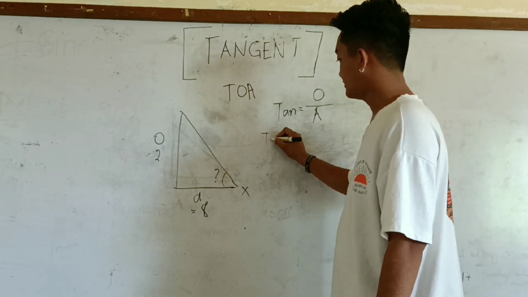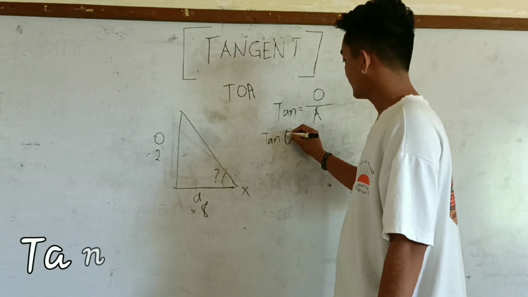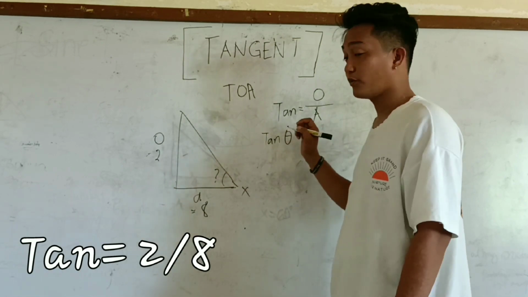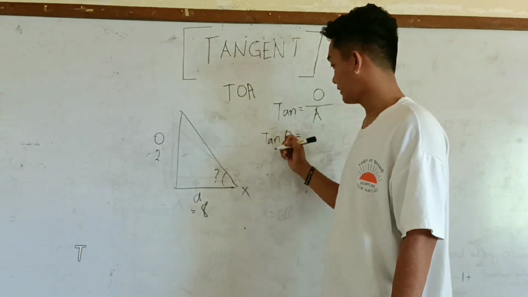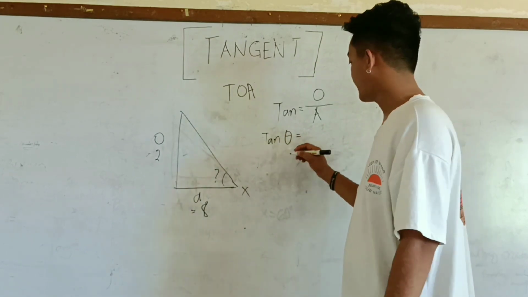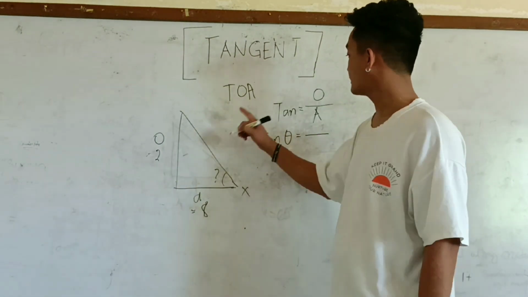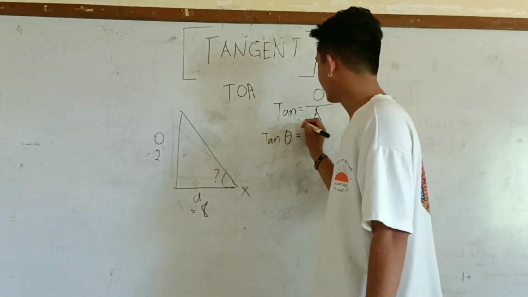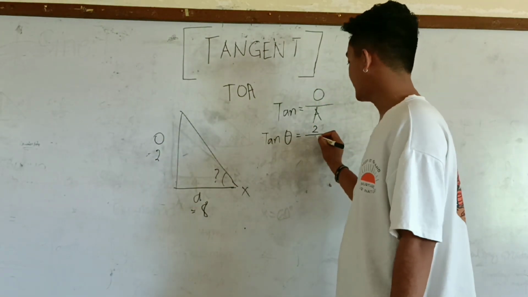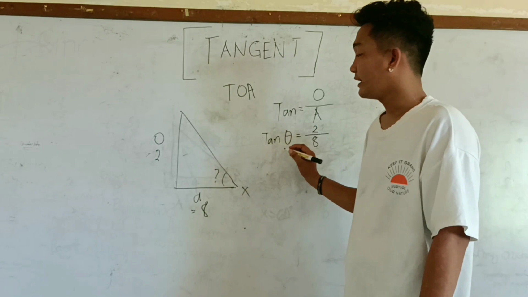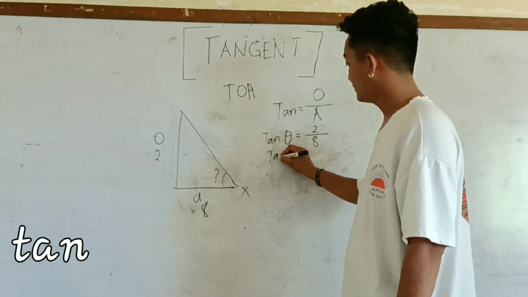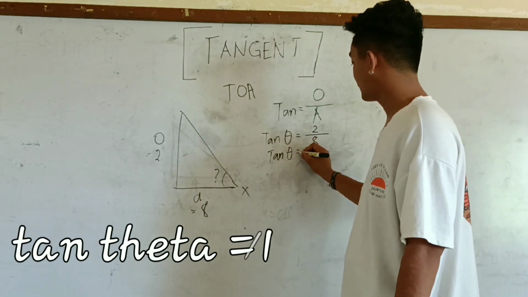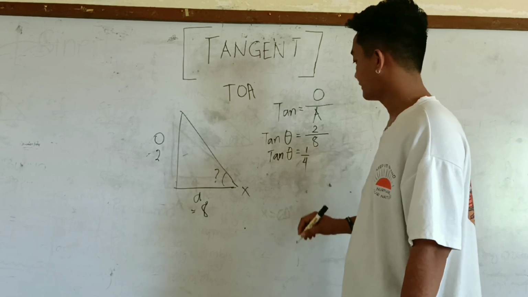It will become tangent theta, since we are looking for the degree, so we put theta here, is equal to opposite 2 over adjacent 8. To simplify, tangent theta is equal to 1/4.